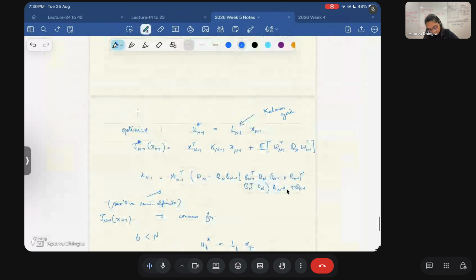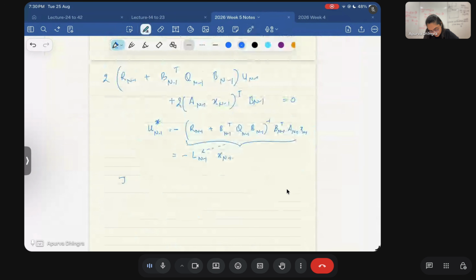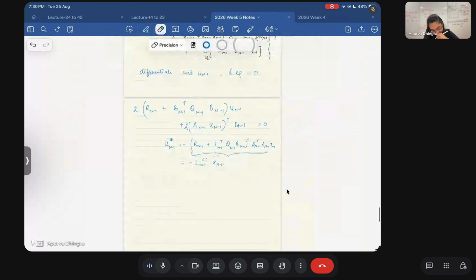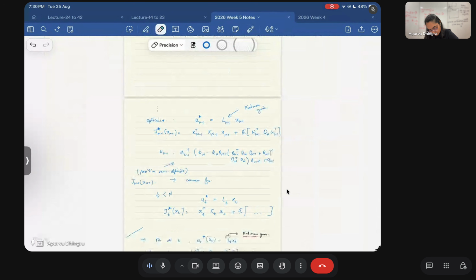Before you continue the process, here J, this is the part that I'm going to just copy from the lectures. I will not talk about it more than this.